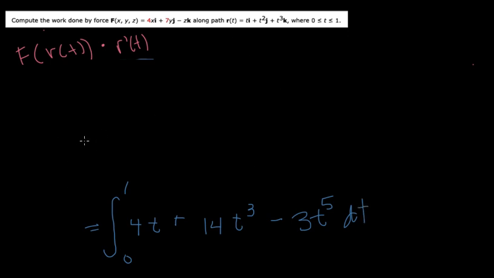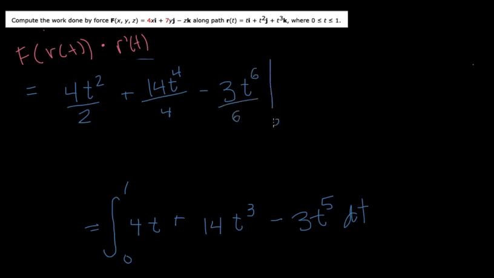We integrate this, and we should get the work done by the force. So if we do the integral, it'd be 4t squared over 2 plus 14t to the power of 4 over 4 minus 3t to the 6 over 6, from 0 to 1.